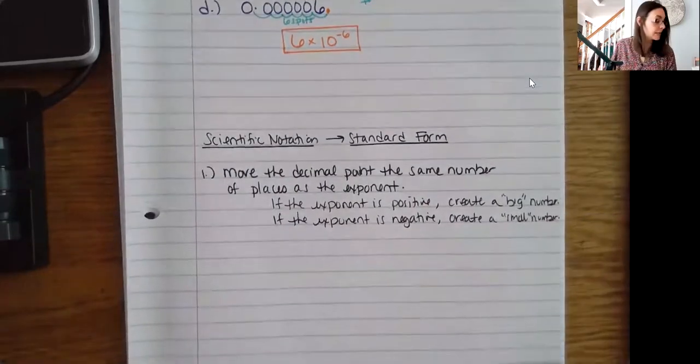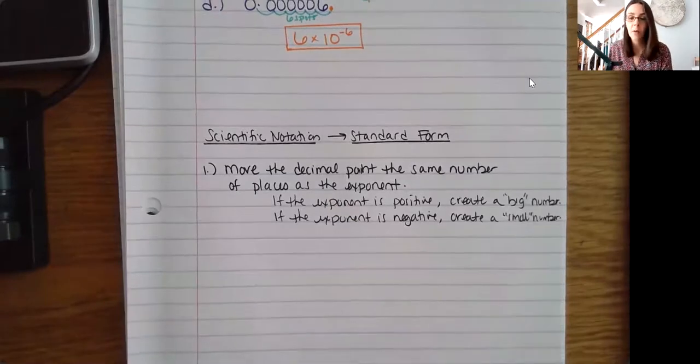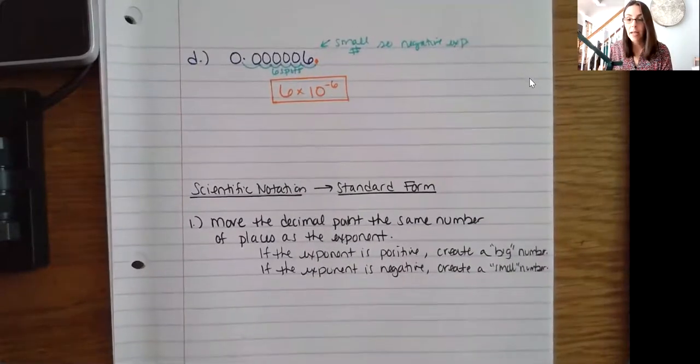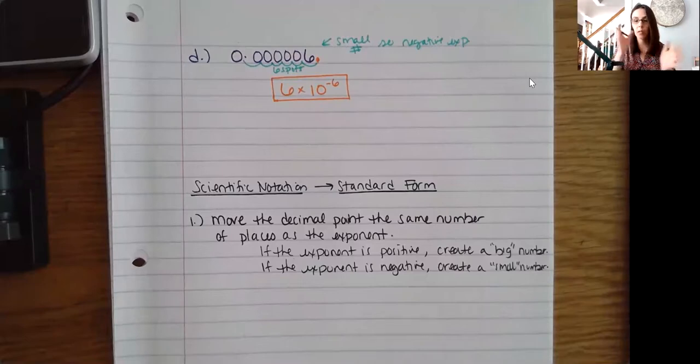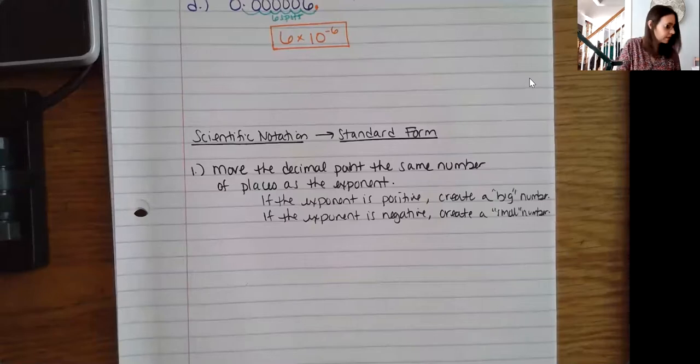And really that's basically it. So when we have a power of 10, we're really just multiplying or dividing, so you're either moving your decimal right or left. Let's do some examples.